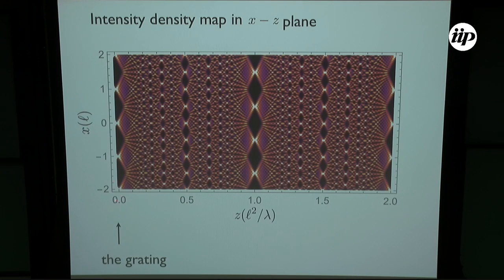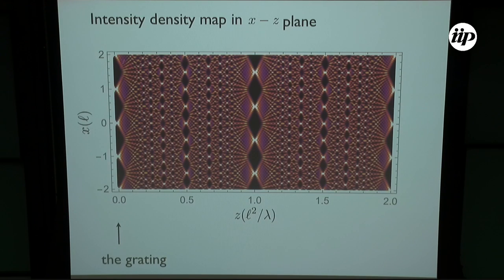The grating is here, and you can see that physically there appears a different scale of the system in this direction. Of course, you have a scale here, which is the separation between the slits, but as you propagate the system, a new scale appears.